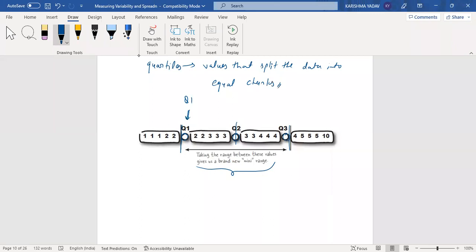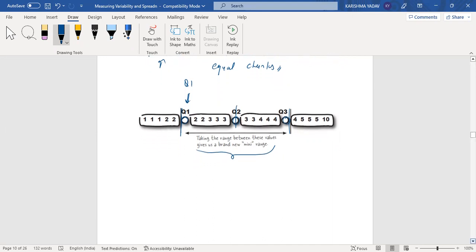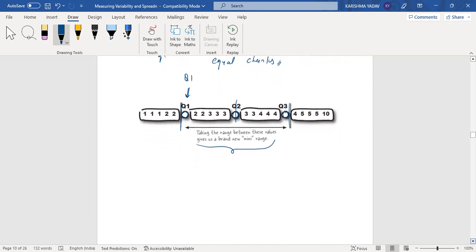As they split the data into quarters, that's why we call them quartiles. Now finding quartiles is a bit like finding the median, because they show some properties of the median. Instead of finding the value that splits the data in half, we are finding the values that split the data into quarters, that split the data into four parts.